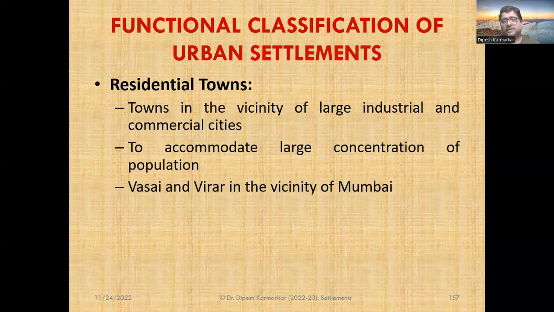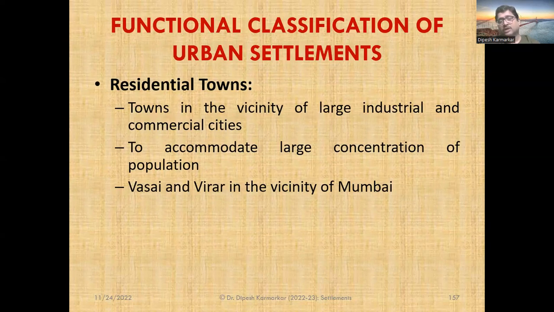Next important functional town is the residential town. As the term suggests, residential towns are towns where residence is the dominant urban function. These are areas usually located a bit close to the city, where people commute daily to the city for the purpose of work.